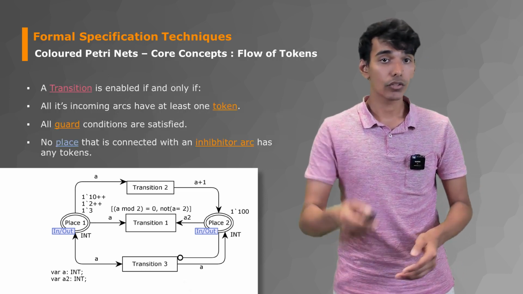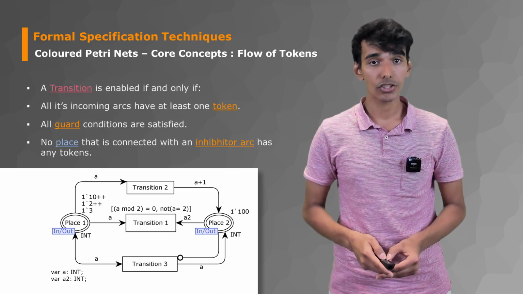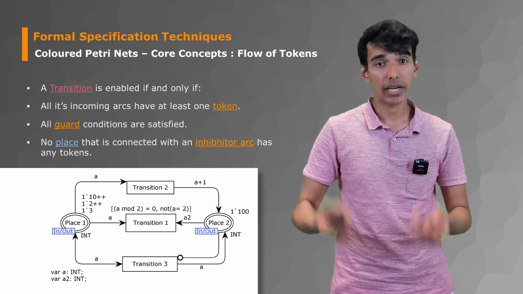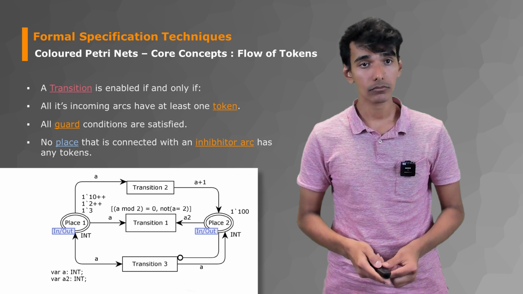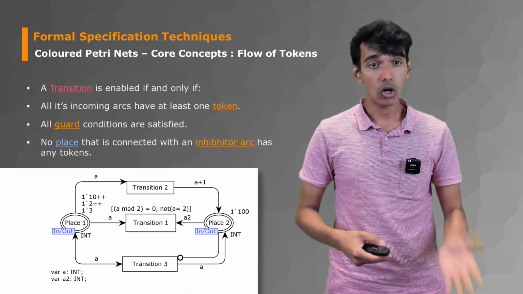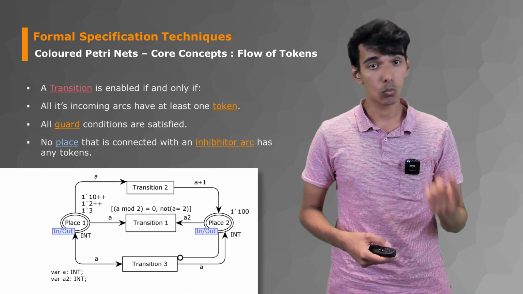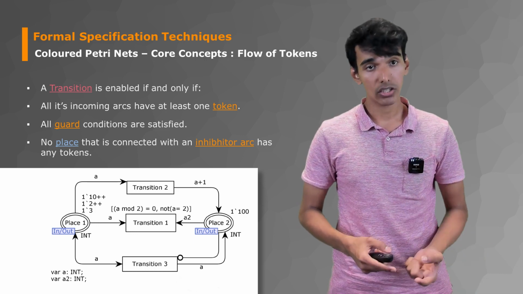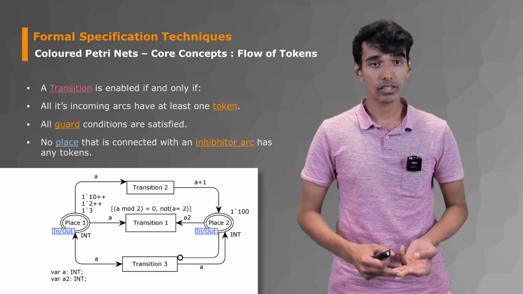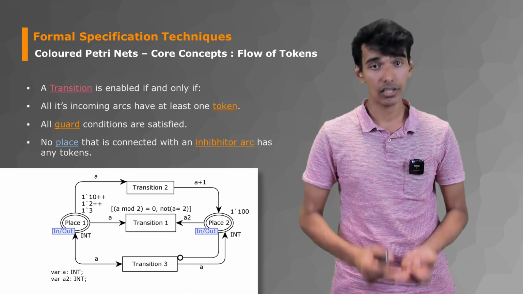Moving on, we already talked about transitions and how they take place, but it's important to note exactly when these transitions occur. A transition is enabled if and only if all its incoming arcs have at least one token, all guard conditions are satisfied, and no place that is connected with an inhibitor arc has any tokens.